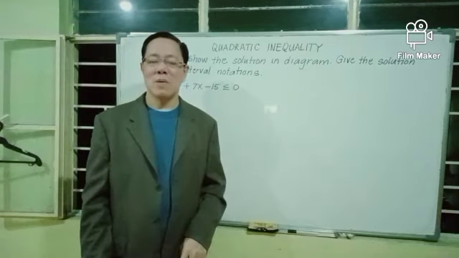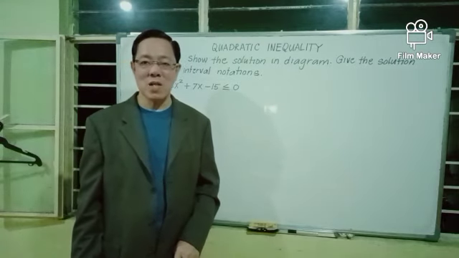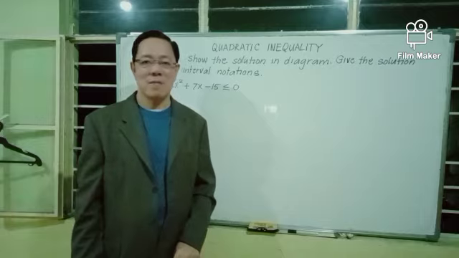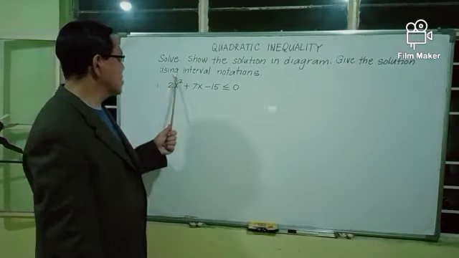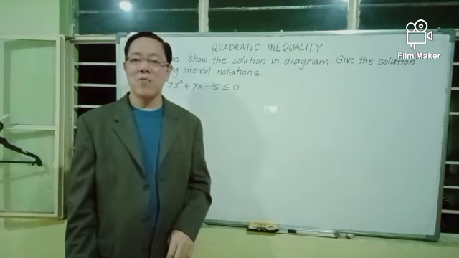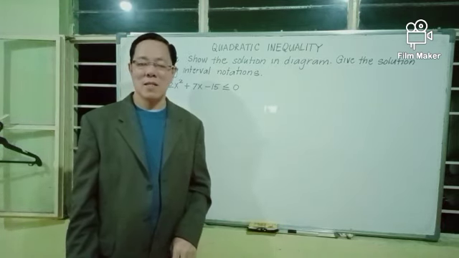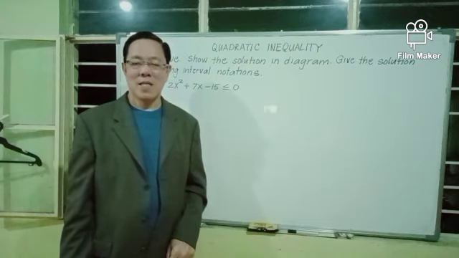That is, we represent the solution in the one-dimensional space or the real line. Give the solution using interval notations. We know from our past lesson that interval notation is a way of writing a set.